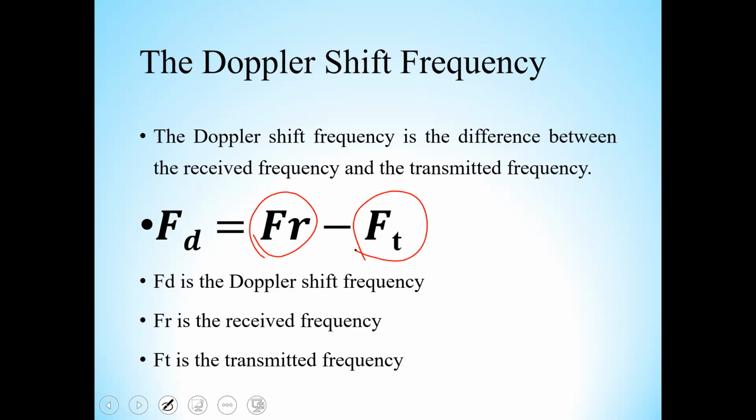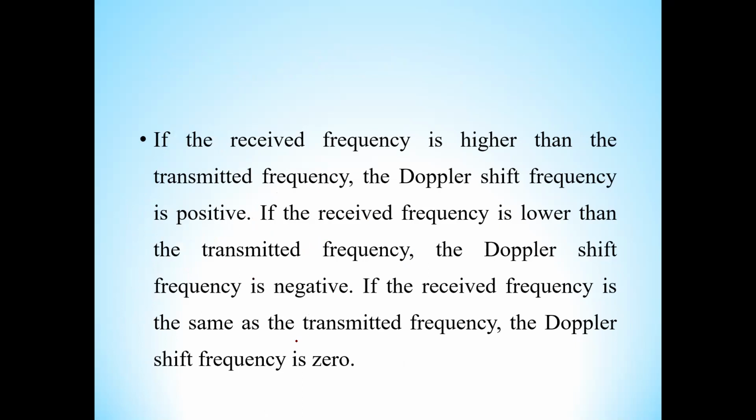So here the difference is represented by a Doppler frequency or Doppler shift frequency. So Fd is the Doppler shift frequency, Fr is the received frequency, and Ft is the transmitted frequency.